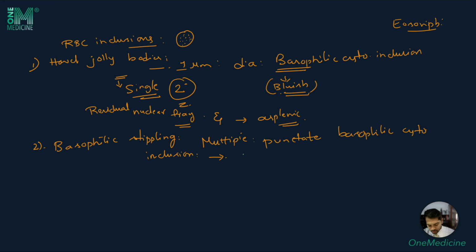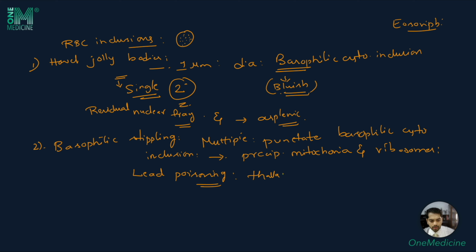They are usually composed of precipitated mitochondria and ribosomes. These are classically seen in lead poisoning. They can also be seen in thalassemias and myelofibrosis.